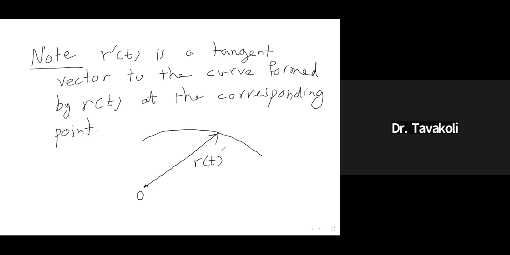So the endpoints of r of t form a curve, and r prime of t is the tangent vector at the corresponding point. By corresponding point I mean the point corresponding to the terminal of the vector r of t. So this r prime of t is the tangent vector.